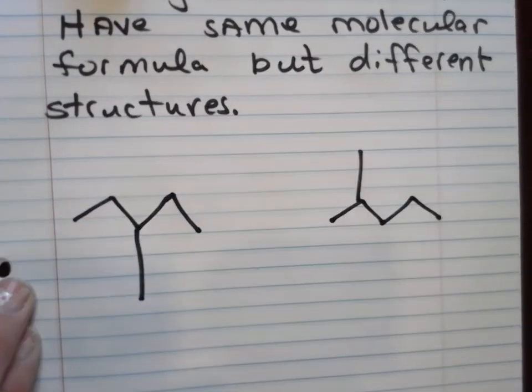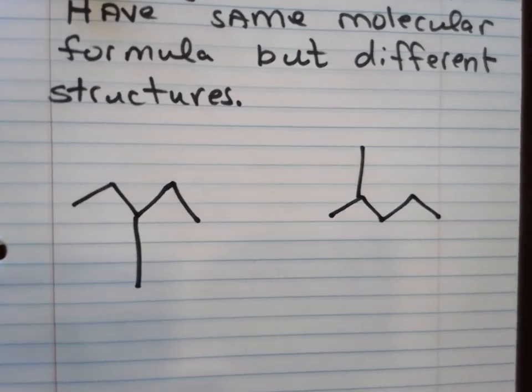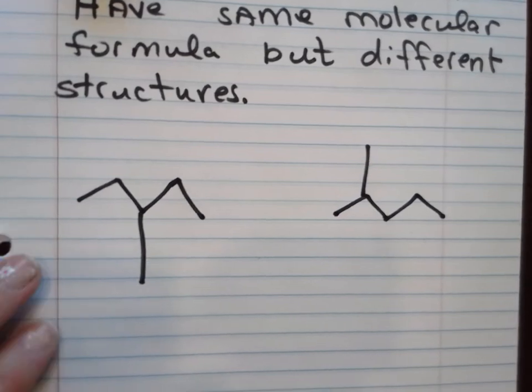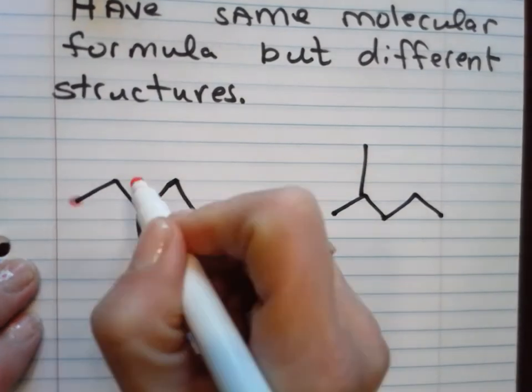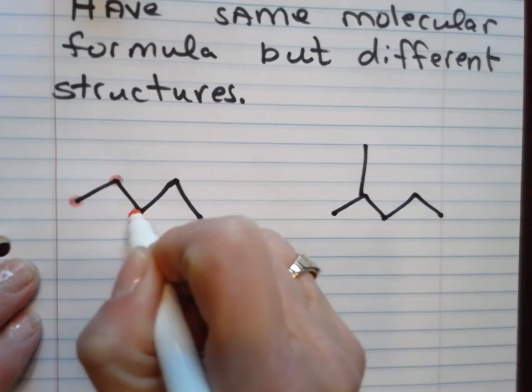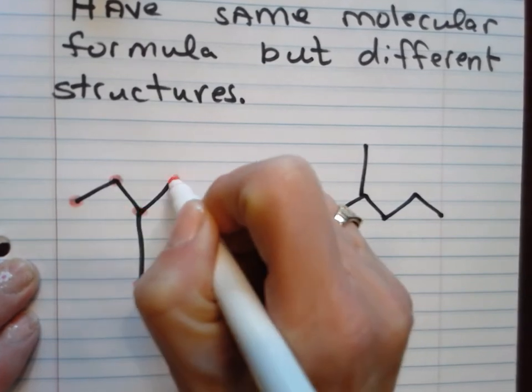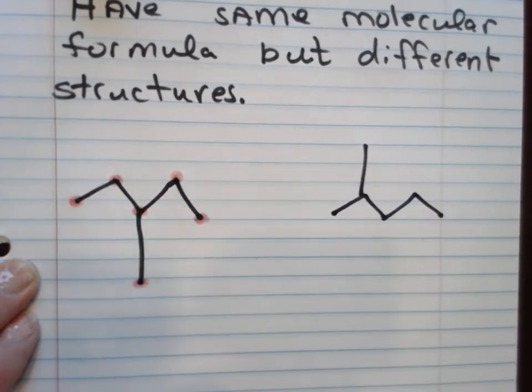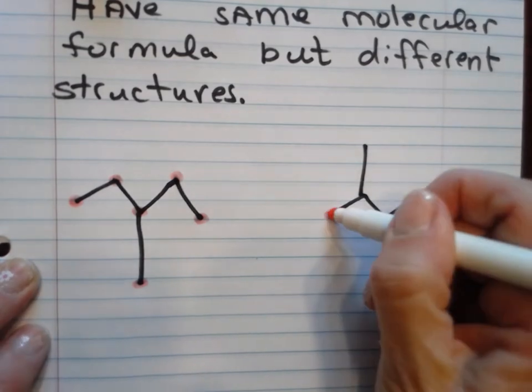Now, you're going to have to remember that each one of these little intersection points is a carbon, and that carbon has to have 4 bonds. So while you're new at doing this, you might want to go ahead and put a dot on each intersection point just to help you know that that is a carbon. I'm going to do the same thing for this structure here.